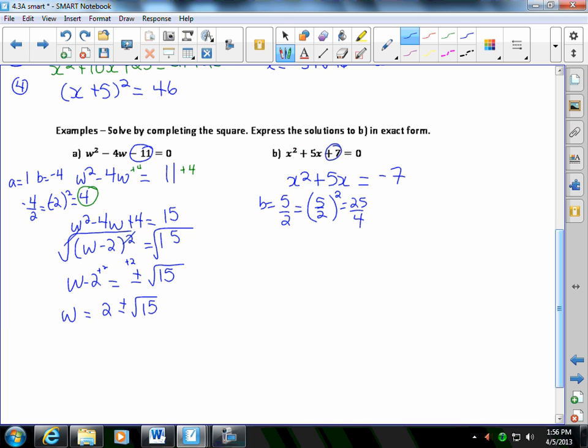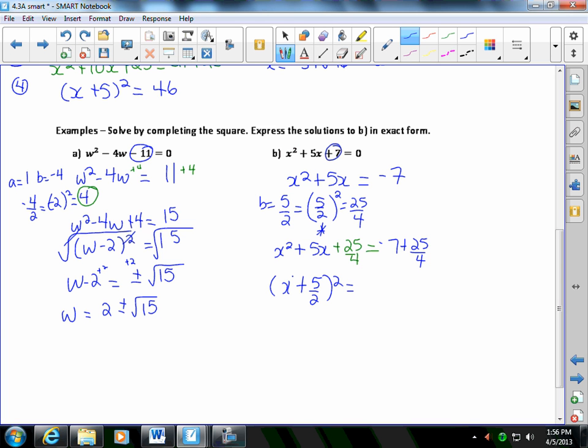So that means I'm going to do x squared plus 5x, and then I add that 25 over 4 to both sides. And remember, this half value we want to keep. So my left side is a trinomial square, x plus 5 over 2 all squared.